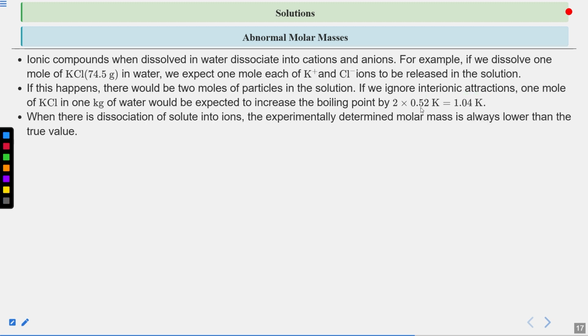And when this value of elevated boiling point is taken and we calculate the molar mass experimentally, it will deviate from the value which is calculated without considering the i.